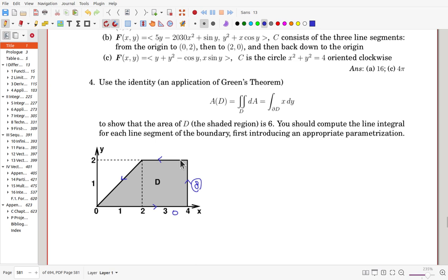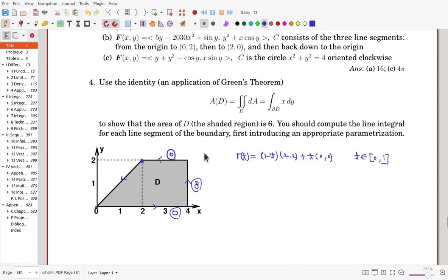And on the flat ones there's no y change, so you will have a 0 contribution from these two portions. For this last one, you have to parameterize, starting from here and ending here, so r of t can be the start point 2, 2 minus t times the difference to the end point 0, 0. Of course, t is between 0 and 1.